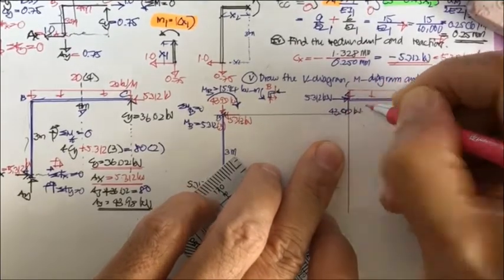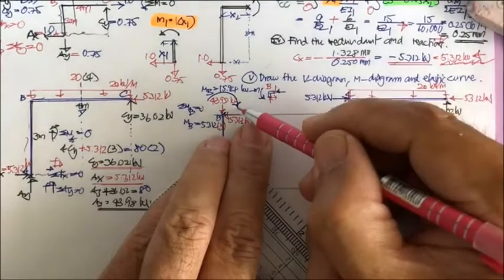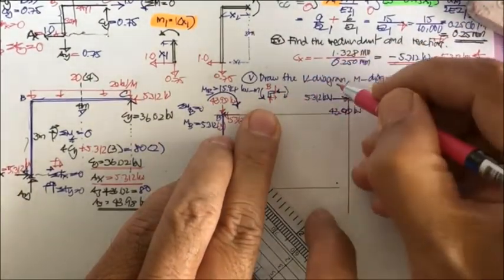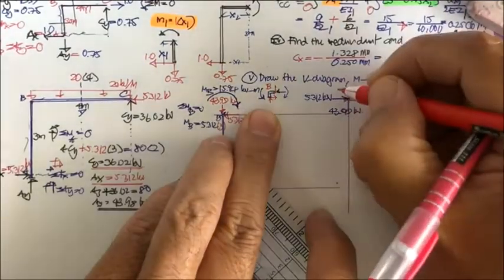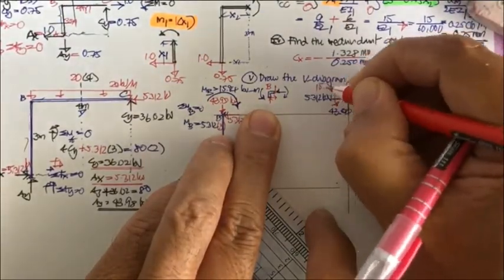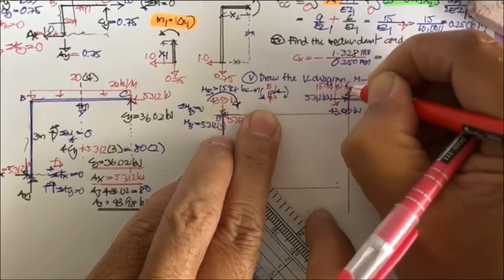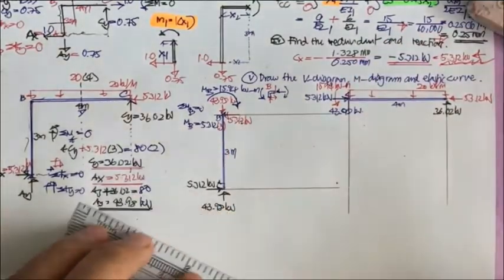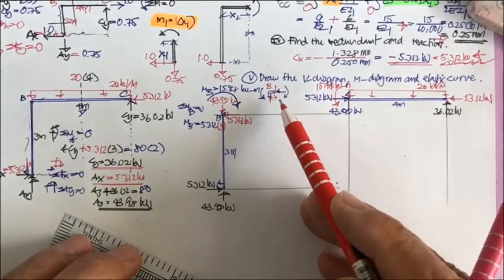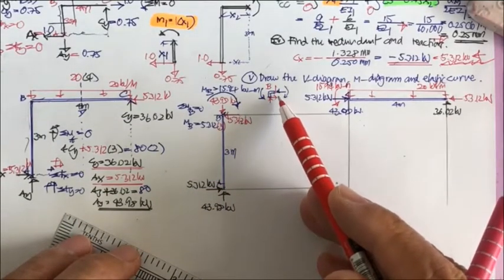This is going to be 43.98 kilonewton. And the moment applied here is going to have the moment here and also the moment here of 15.94 kilonewton meter. Okay, you know this force and moment transfer, right?